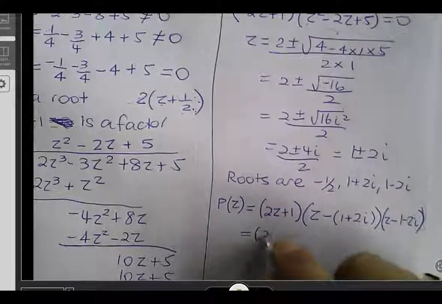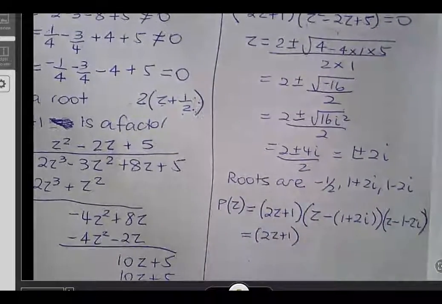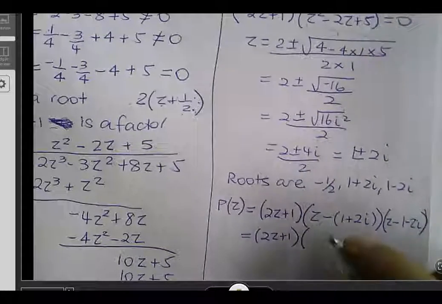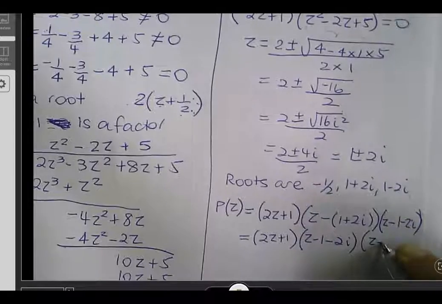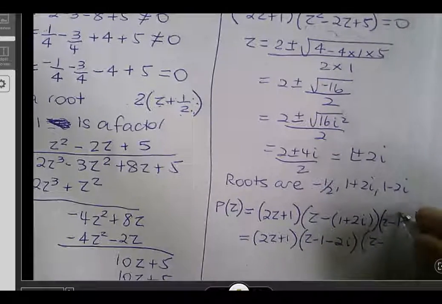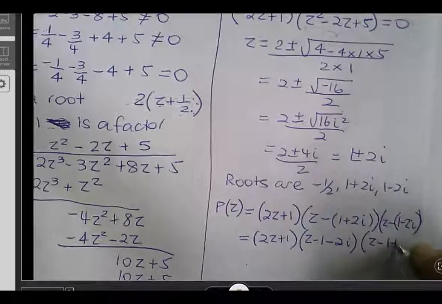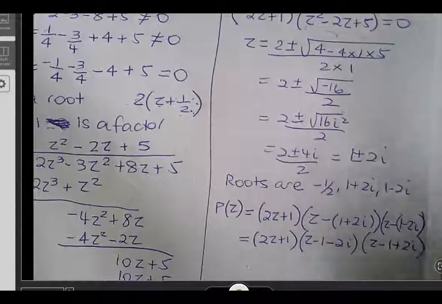And now get rid of those other brackets: z plus 1, z minus 1 minus 2i, z minus, and I need brackets here, 1 plus 2i. There we go.